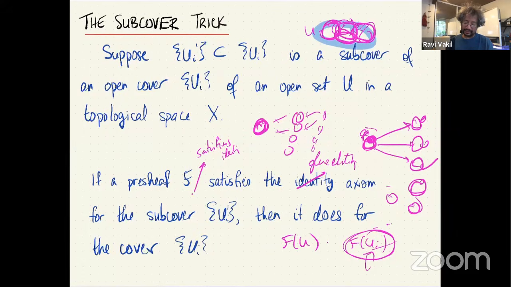And so in this case, you're given sections over each of these open sets, and you know that they agree on the pairwise overlaps, and you're wondering if they come from something here. Well, if you already know that it works when you consider only a subcover, that in this case it comes from something here, then it sounds great. Already you can glue these together.